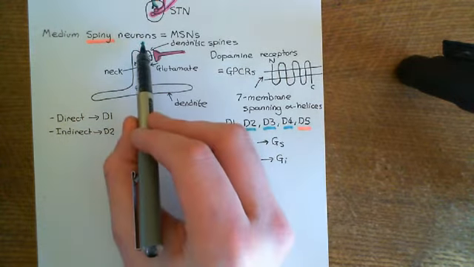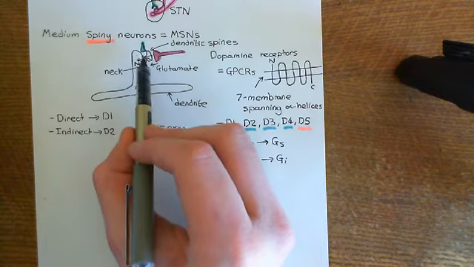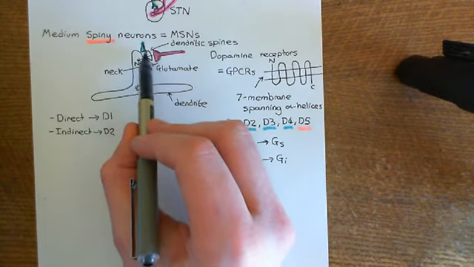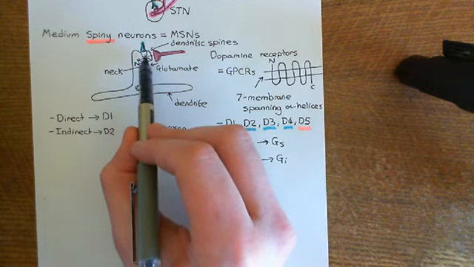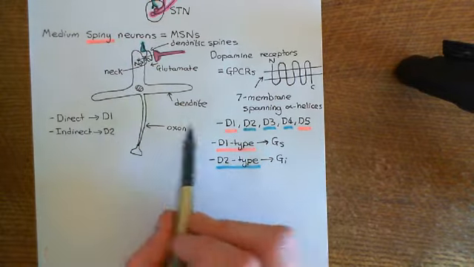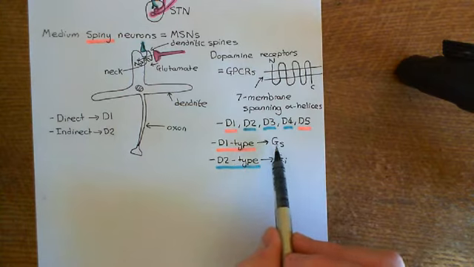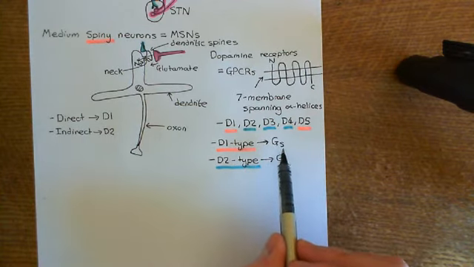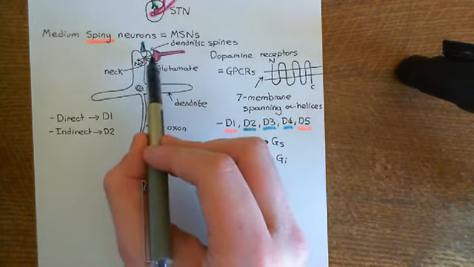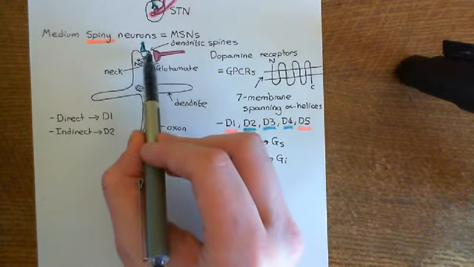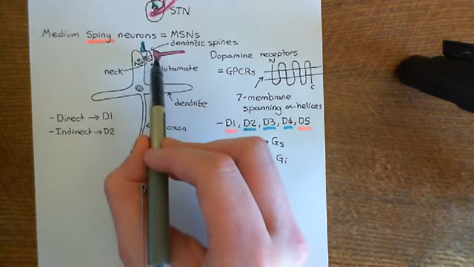Basically, if the dopaminergic neuron is releasing a lot of dopamine onto the neck of the dendritic spine, that dopamine will be activating D1 receptors on the neck of the dendritic spine, which are coupled to the Gs stimulatory G protein. That's going to result in this dendritic spine becoming more sensitive to glutamate.